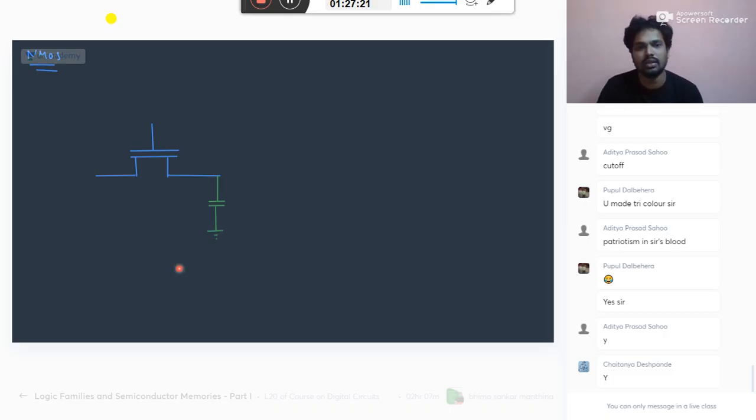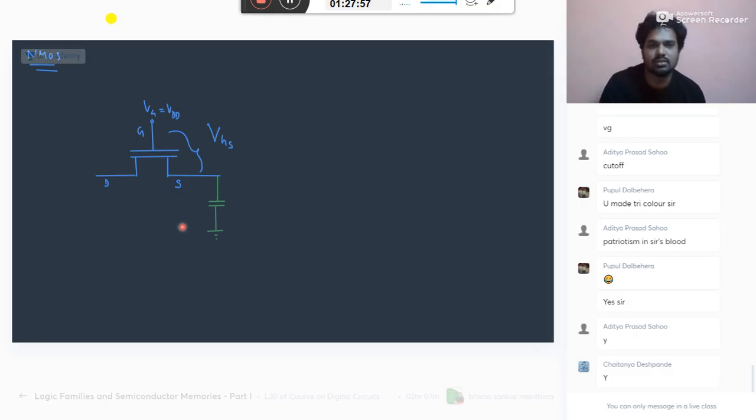Here you are having the input Vg, and this is the gate terminal, with source and drain. You make Vg equal to VDD. Okay. So suppose this is VGS.